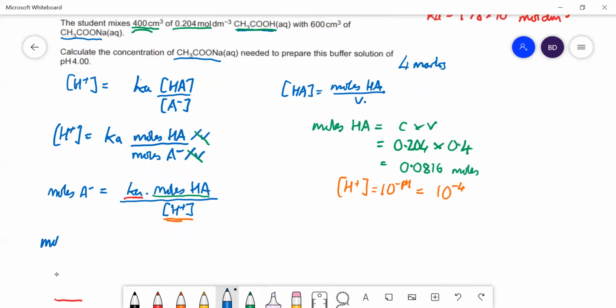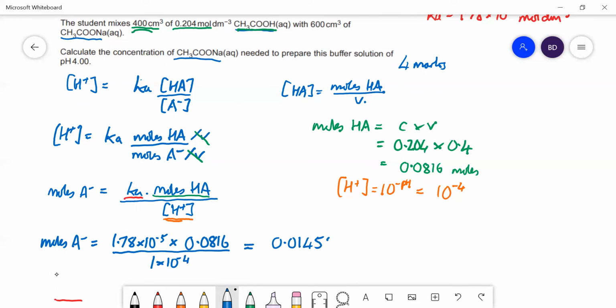Moles of A minus: the Ka, which is 1.78 times 10 to the minus 5, multiplied by the moles of HA we just worked out, 0.0816, divided by the hydrogen ion concentration, 1 times 10 to the minus 4. Put those numbers into a calculator, we get 0.01452 moles.